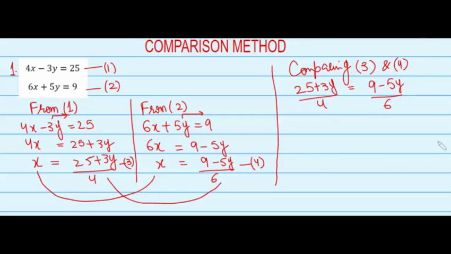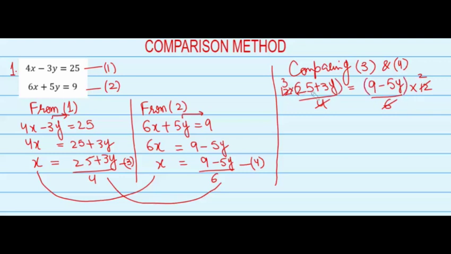The LCM of 4 and 6 will obviously be 12, right? So I'm going to multiply both sides by 12, and similarly this will be multiplied by 12. So 6 2s are 12, right? And 4 3s are 12. Got it? So 3 times, and this is 2 times.